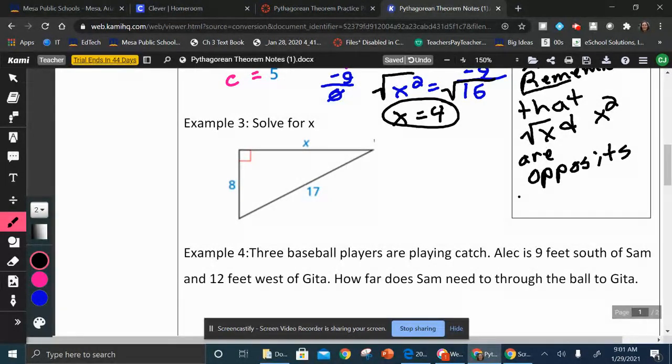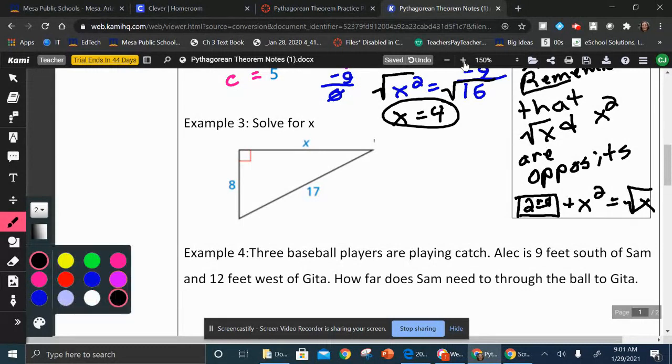Okay, if you're using a calculator, everybody goes second plus x squared, and I'll give you a square root of x, okay? Okay, so let's do this example, everybody.